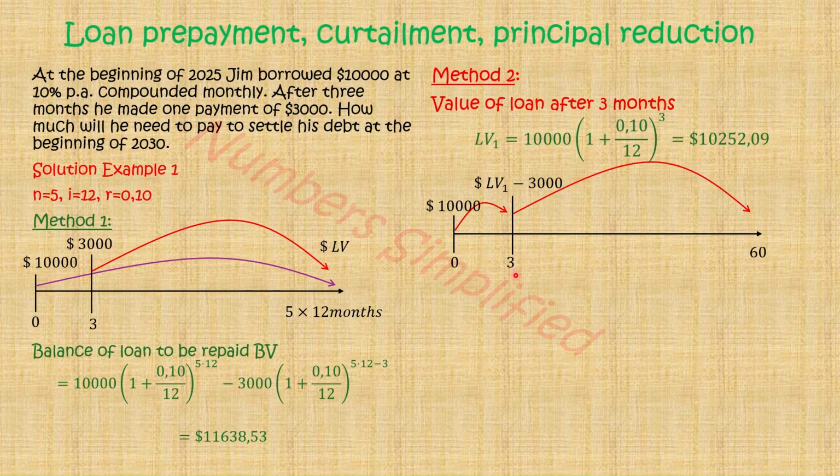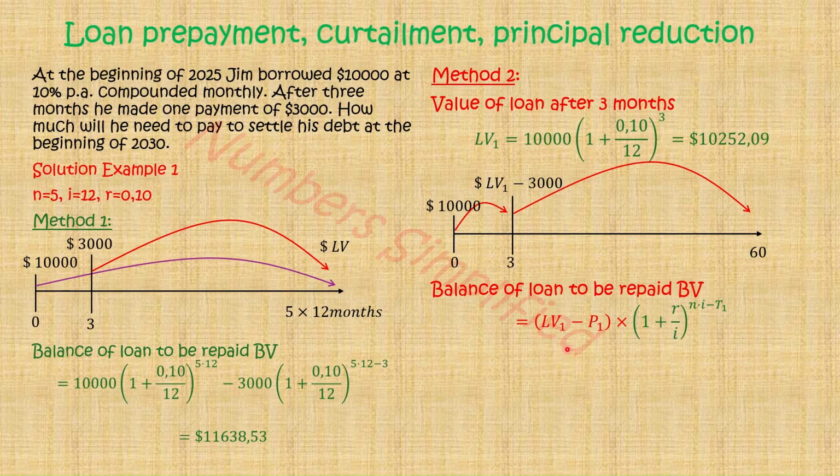So now that we have obtained the value of the loan in 3 months, we know that in the 3 months, a payment came through that was meant to clear the value of the loan. That implies that the value of the loan at that particular point, 3 months, is going to be LV1 minus P1. P1 is the payment, and LV1 is the value of the loan after 3 months.